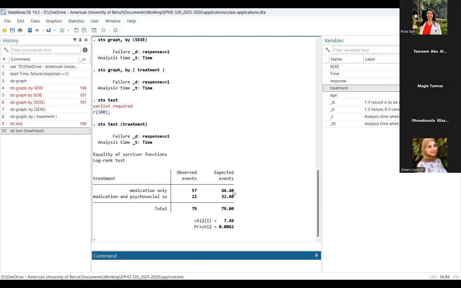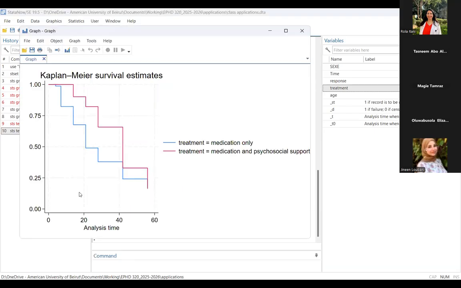It's just 57 minus 46 squared over 46, plus 22 minus 32 squared over 32, exactly the chi-square calculation that we know. The chi-square is 7.49, more than 3.84, and it is statistically significant. Therefore, the difference in the overall survival experience is statistically significant.